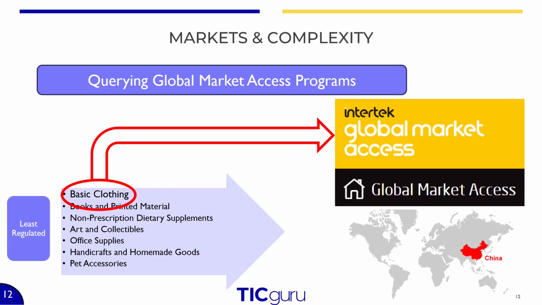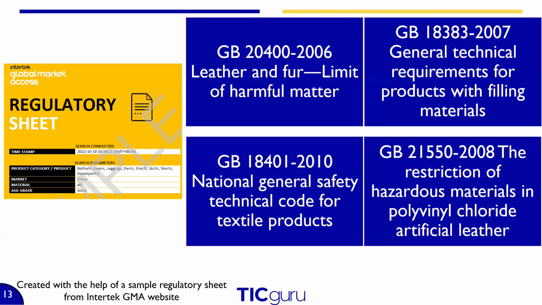And I looked up what it allowed me to do without paying a fee. So I could zoom into China and I selected what is required as conformity requirements for basic clothing in China. So it produced a very nice, a very comprehensive report.